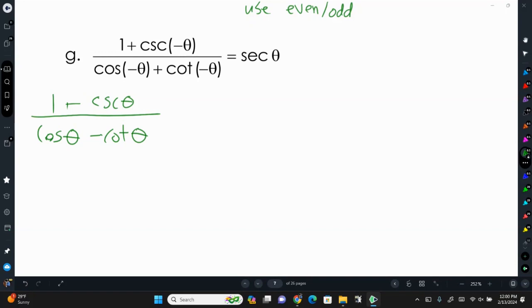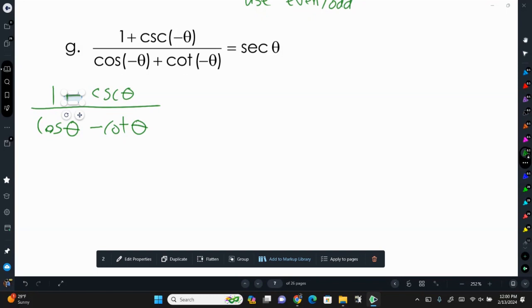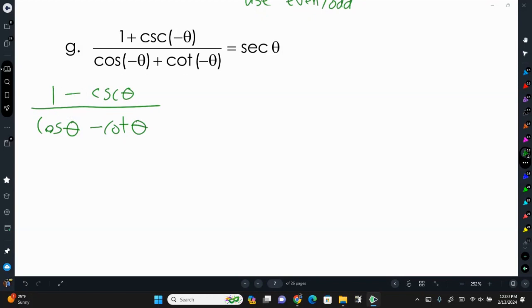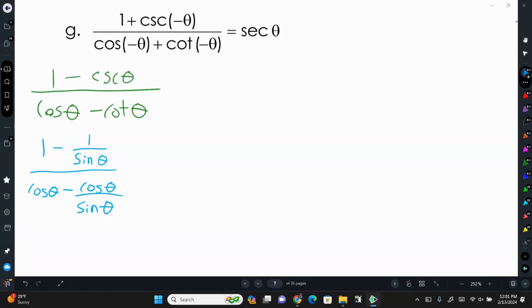So we need to simplify this a little bit more. One of the ways that I'm going to do that is change cosecant and cotangent into their respective functions. So 1 minus 1 over sine theta, over cosine theta minus cosine theta over sine theta.